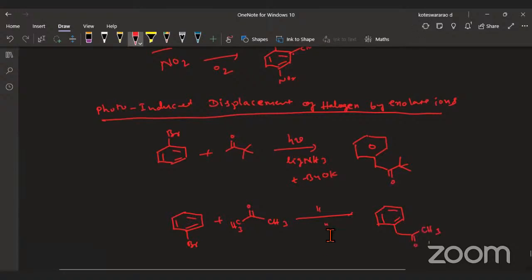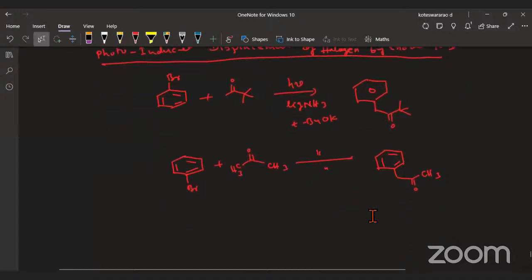Under ordinary thermal conditions, producing such products is very difficult. It requires so many steps to get the product.